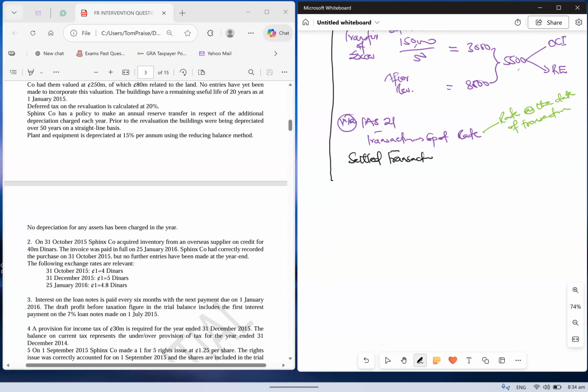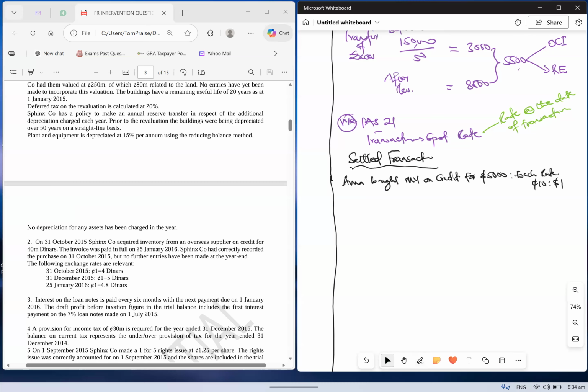For example, if Ama bought a motor vehicle on credit for $5,000 when the exchange rate at that time was 10 cedis to $1.